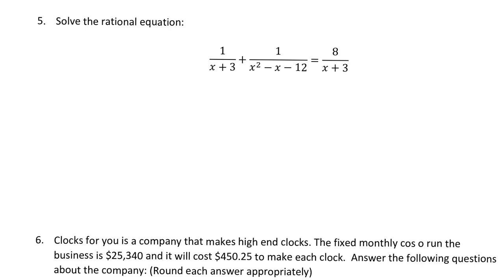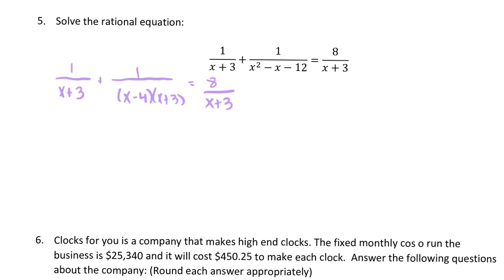Before I write any of the restrictions, we need to factor any denominators. And that just happens here. We have x minus 4, x plus 3, and that equals 8 over x plus 3. Okay, so there is our factored form.